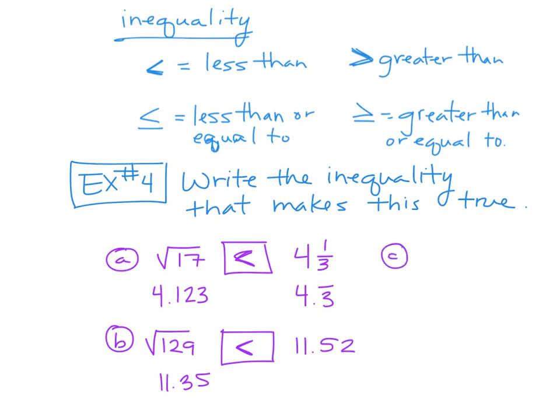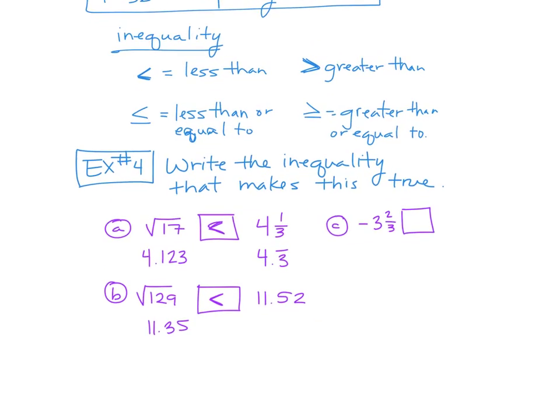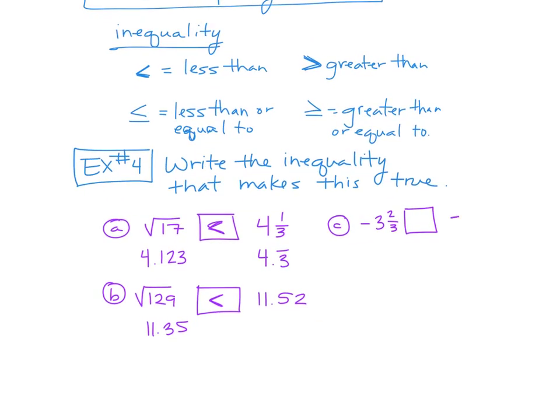How about negative 3 2/3 compared to negative 3.75. Okay, and now this one, with negatives you have to be really careful because when they look bigger, they're actually smaller, right? Negative 3 2/3 is actually negative 3.6 repeating.